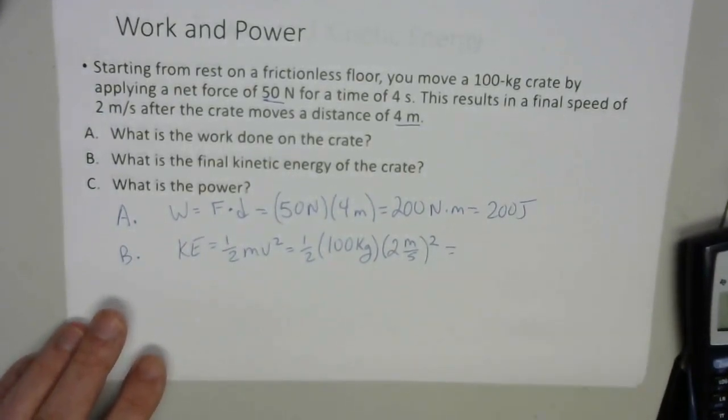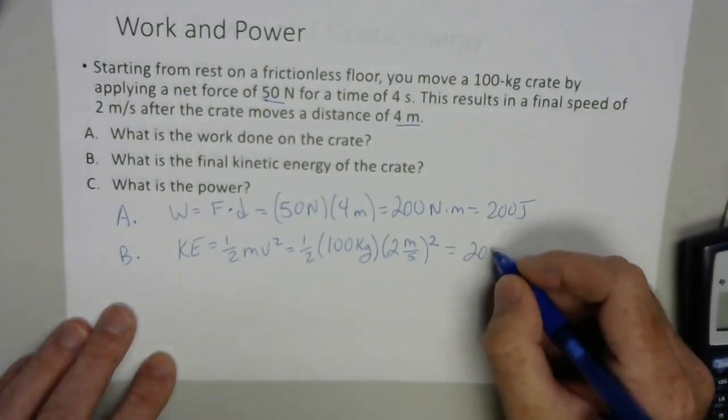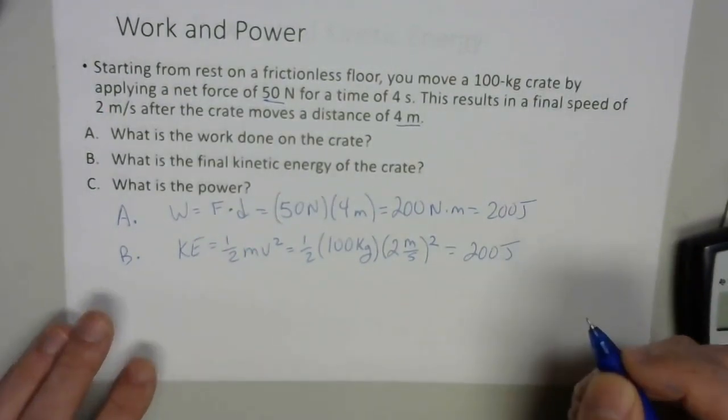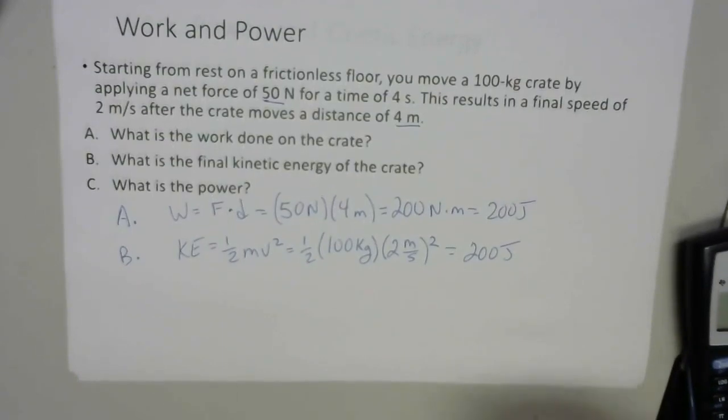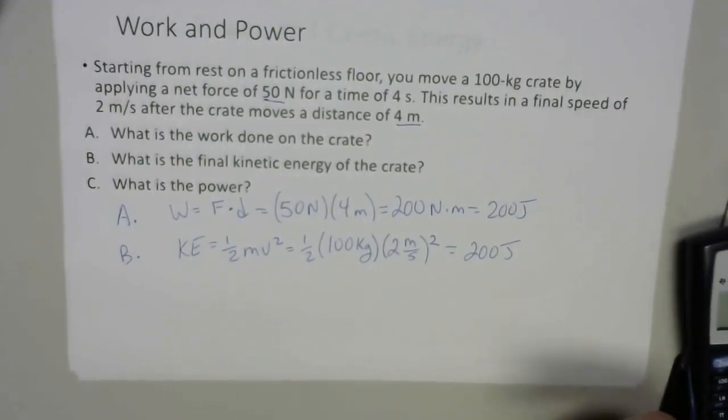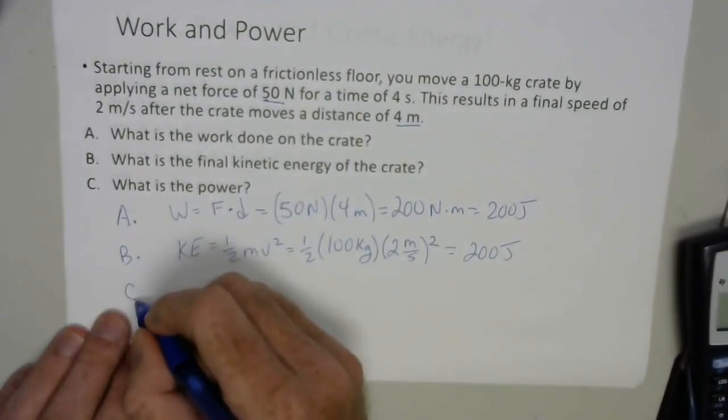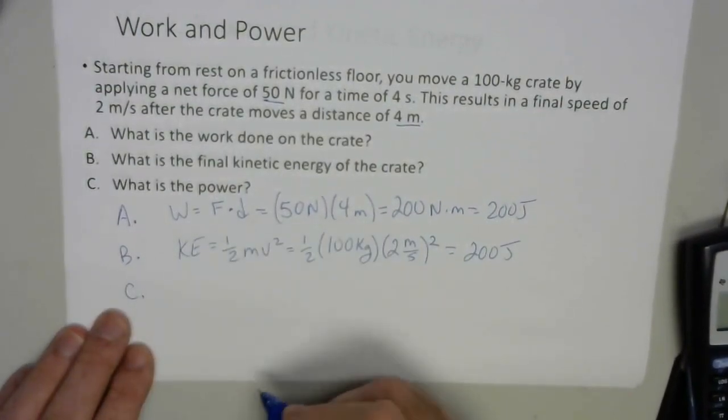So 0.5 times 100 times 2 squared is also 200 joules. So the work applied should be equal to the kinetic energy if it's all working in the same direction.